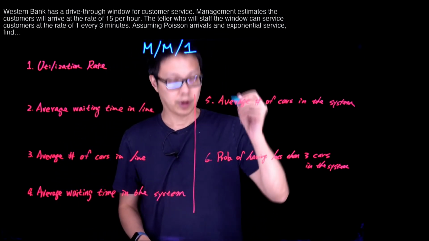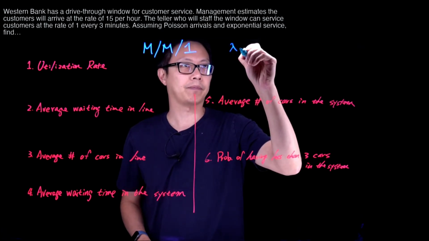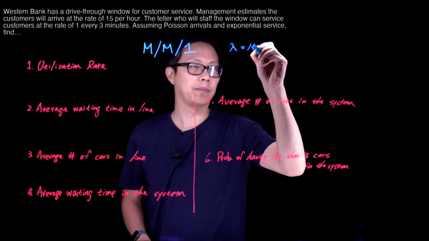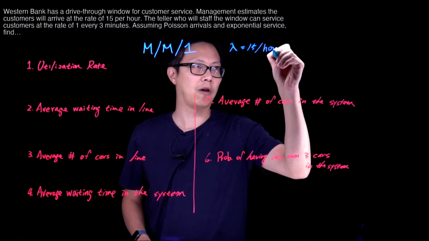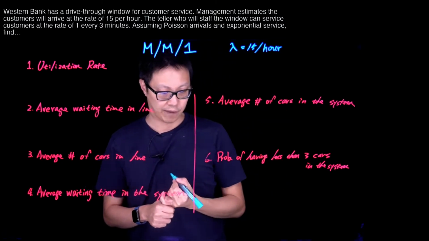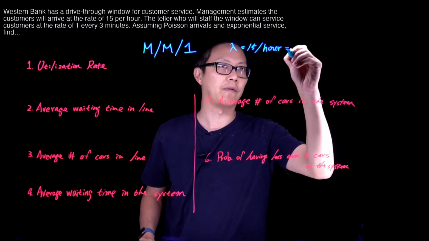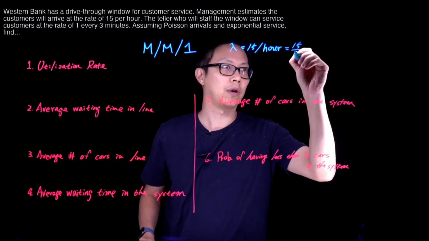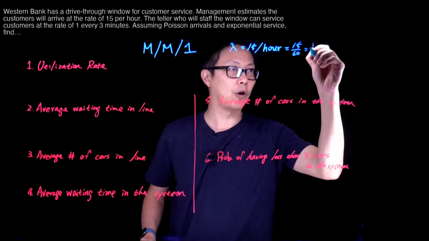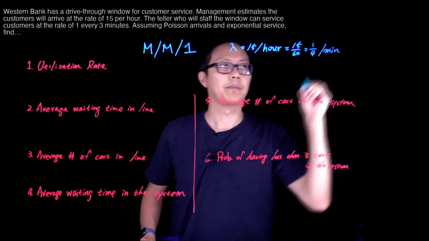We know the arrival rate can be denoted by lambda. In this case, lambda is 15 per hour. But if you read the problem carefully, you will notice that everything is described in minutes. So the first thing we want to do is to convert this to minutes. So I have a quarter arrival per minute.